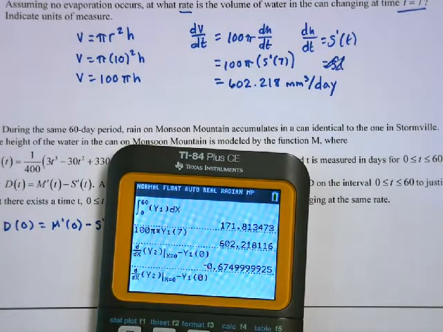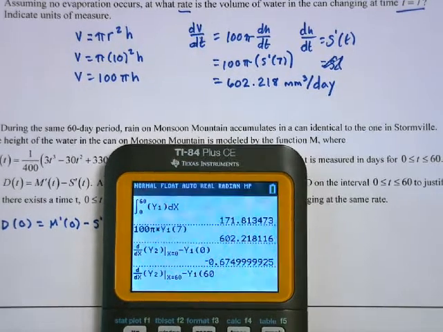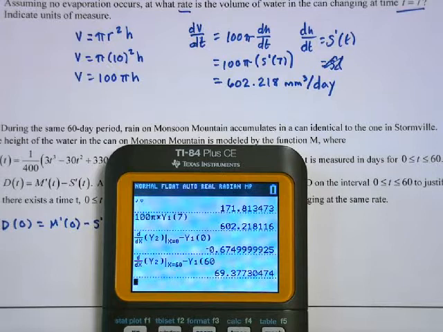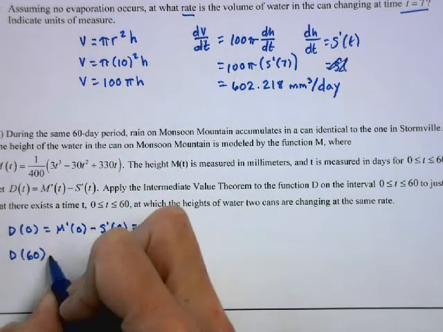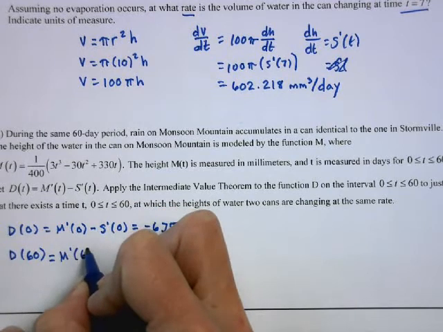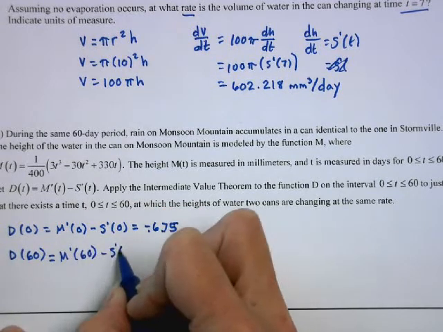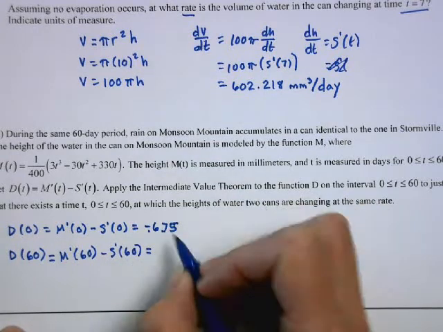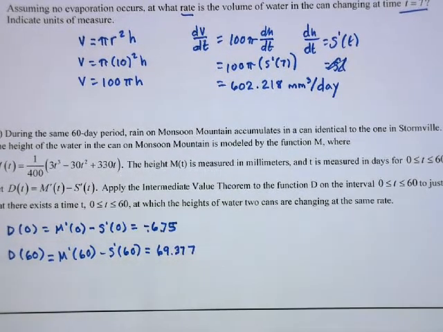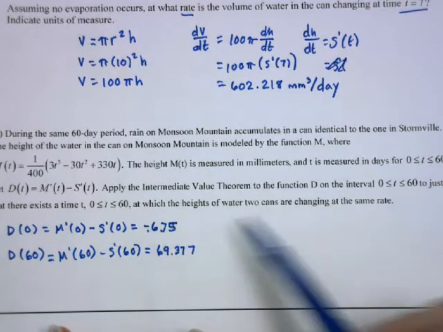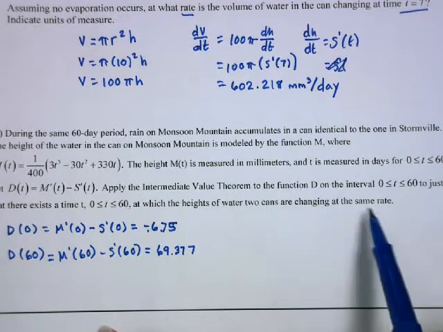I'm just going to grab it and change my values to 60 and 60. Okay, so get 69.337. So D of 60 is M prime of 60 minus S prime of 60, which according to the calculator is 69.377.